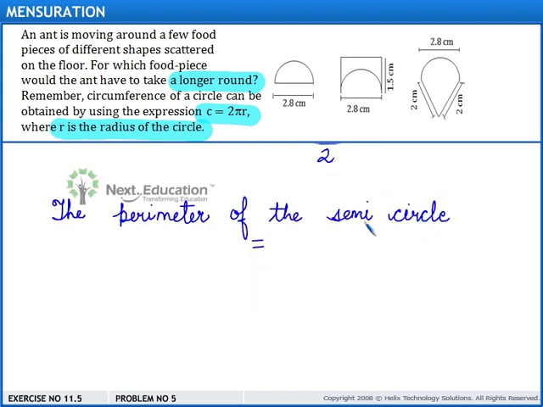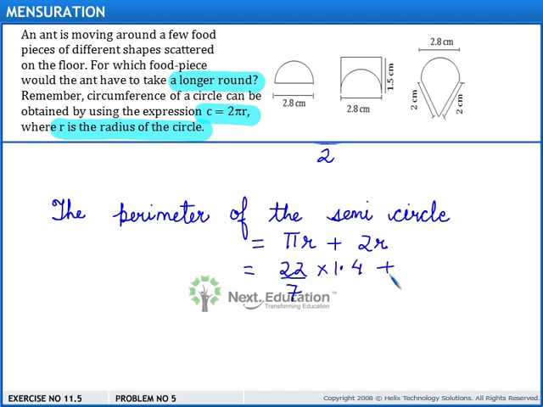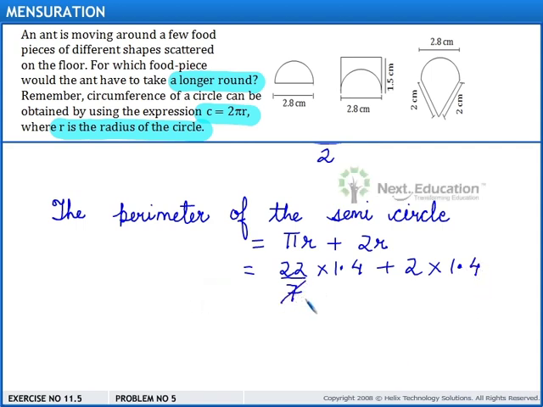The perimeter of the semicircle will be given by pi r plus 2r. Here we have been given that the circumference of a circle is 2 pi r. So the circumference of this semicircle will be pi r plus the length of the diameter, which is 2r. So that is equal to 22 by 7 into 1.4 plus 2 into 1.4. 7 times 1 is 7, 7 times 0.2 is 1.4.